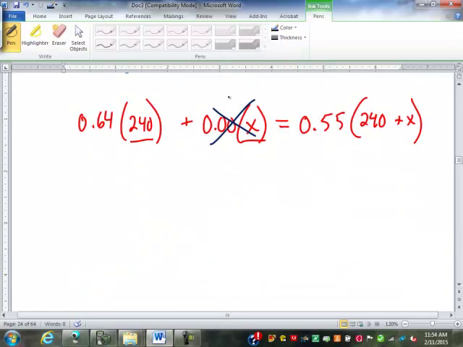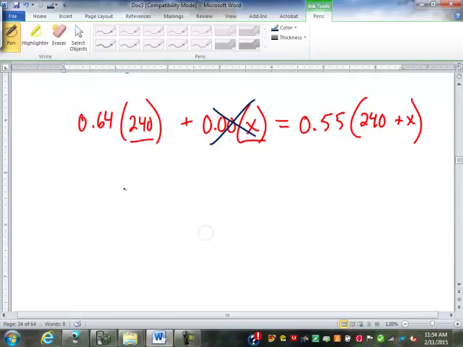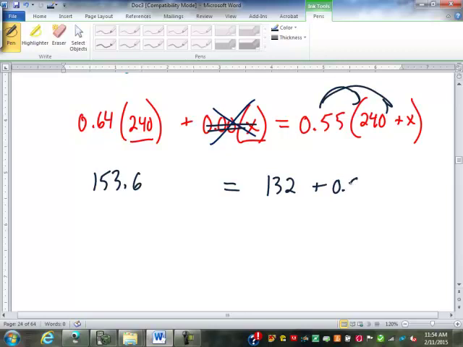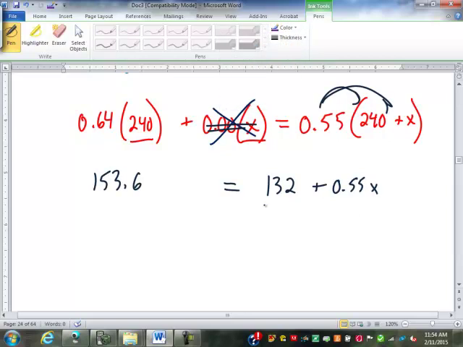So now we have 0.64 times 240, which is 153.6. 0 times x is just 0, so we don't even need that. 0.55 times 240 is 132. 0.55 times x is 0.55x. Now to solve, we're going to subtract 132.